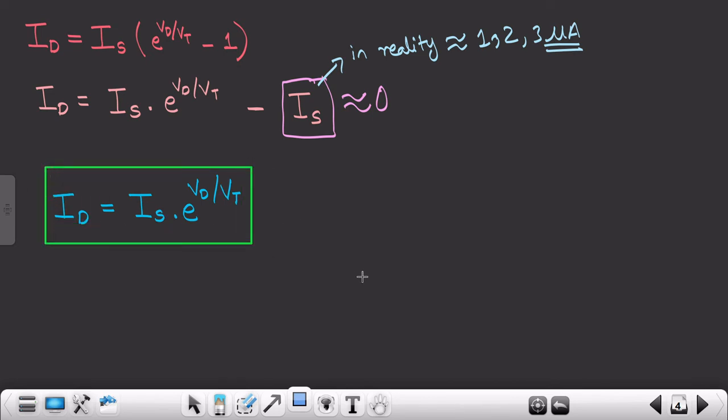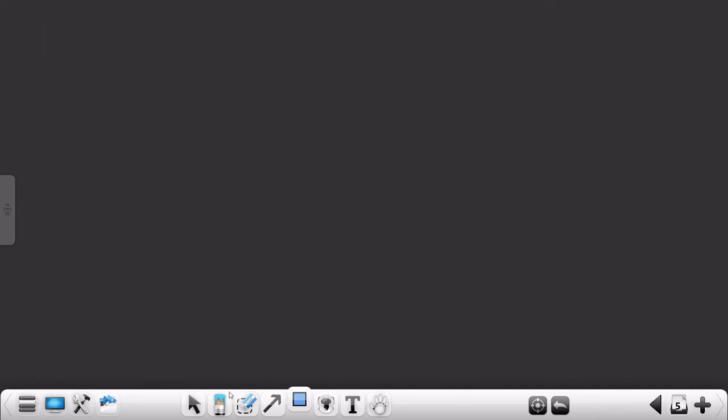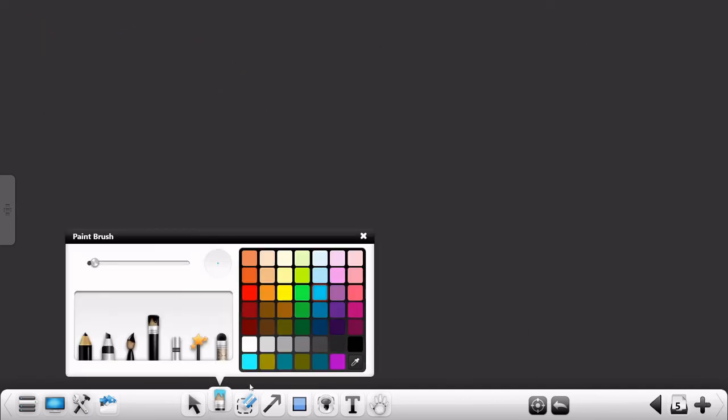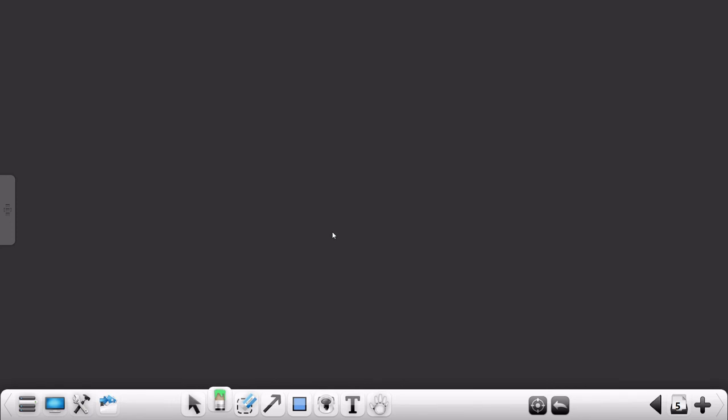Great. Moving further, we all know the value for the dynamic resistance, and rd was equivalent to del vd by del id.